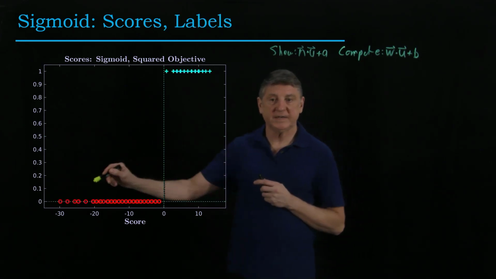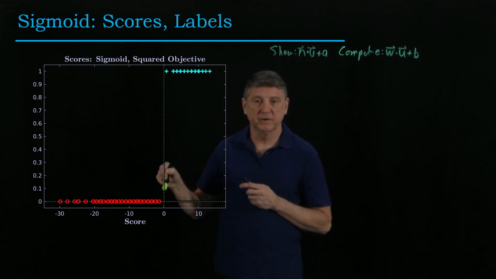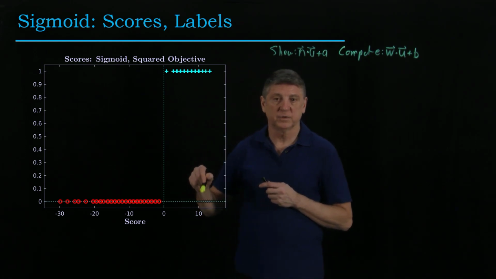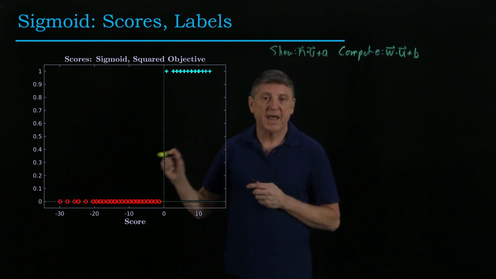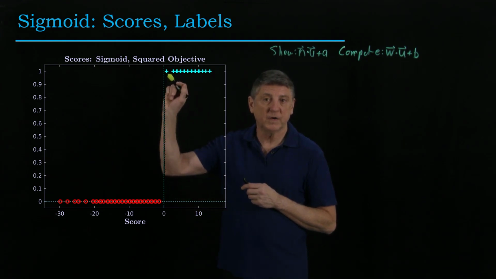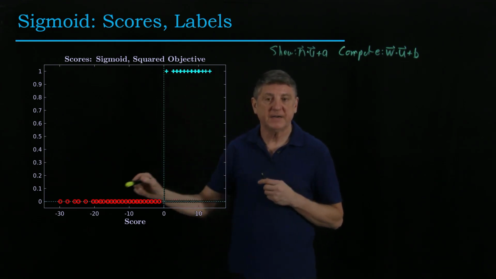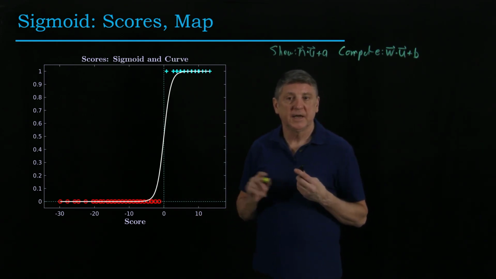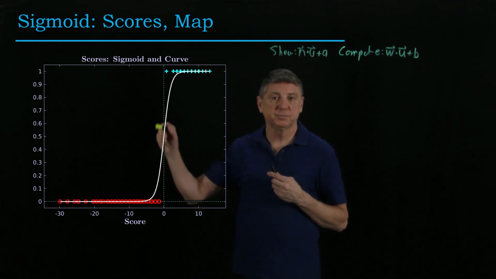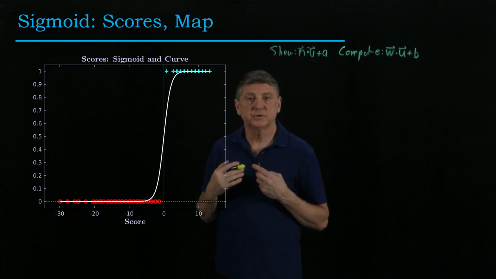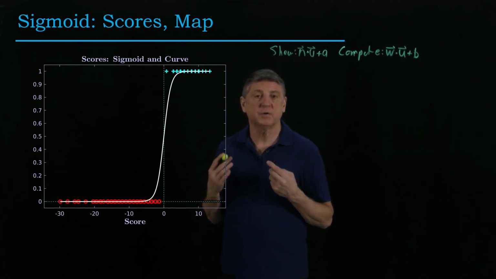When I do that, what I see is these are the scores, so they're still ranging from -30 as the most negative to a little more than +10 as the most positive. And now what I've done is, if they have a label of 0, I'm putting them at the 0 height, and if they have a label of 1, I'm putting them at the 1 height. If I now take each of these scores and compute the logistic function, this is what I see: it's got a fairly smooth appearance, and this, as it works out, corresponds to the way that the squared error worked.